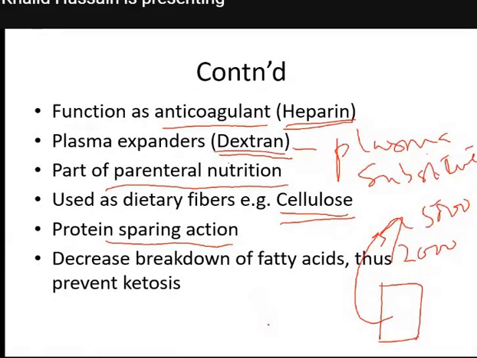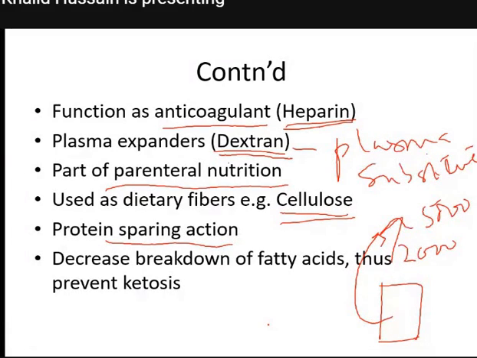And when there is consumption of protein, we can reverse this process by giving glucose. When we give glucose or provide carbohydrate, the energy need is shifted from protein to carbohydrate. That is why it is called protein sparing action.